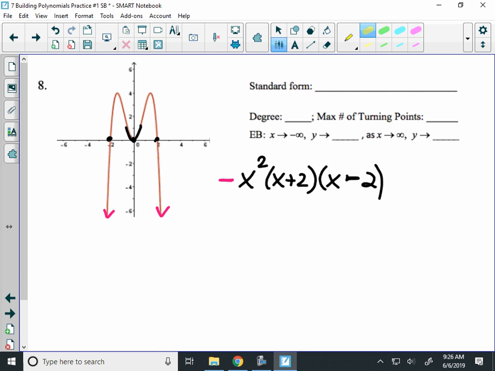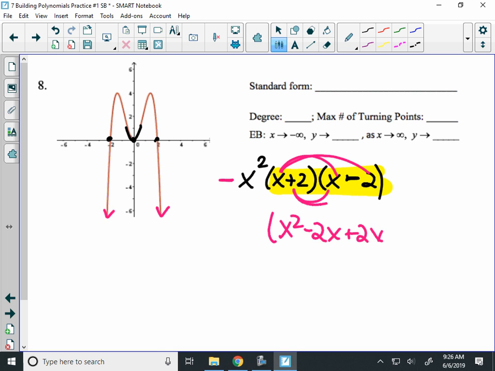Now I multiply to get standard form. I do the right 2 first. X times x is x squared minus 2x plus 2x minus 4. Now, when I do that, I should notice that those middle terms can cancel off, -2 and +2. That simplifies things.